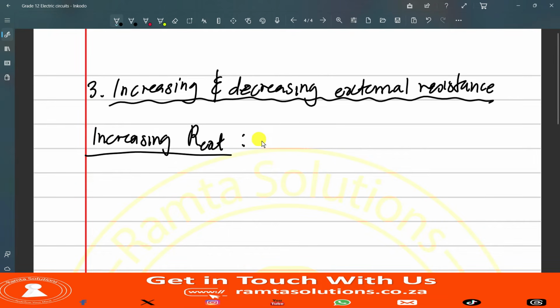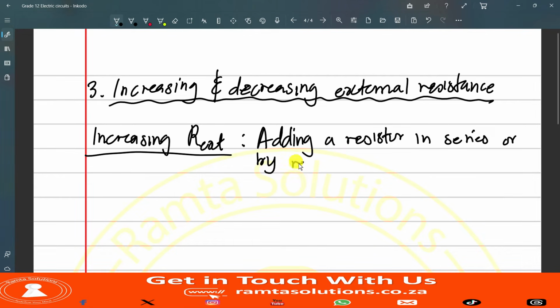We can do that by adding a resistor in series, or by removing a resistor in parallel.